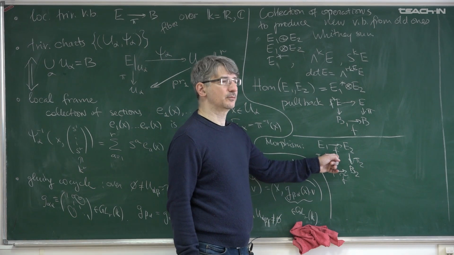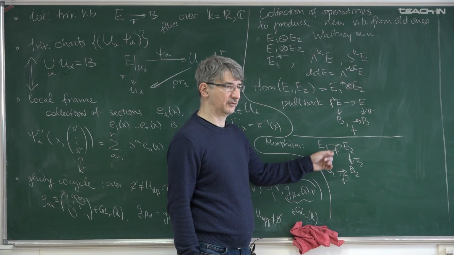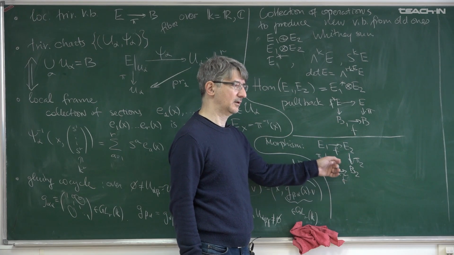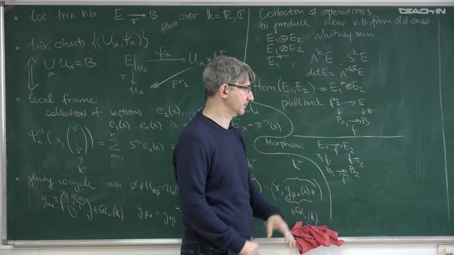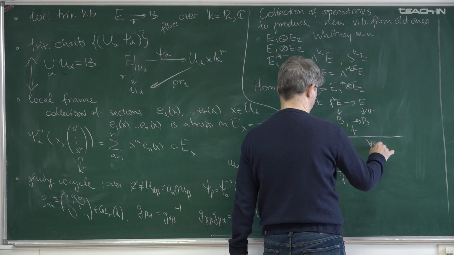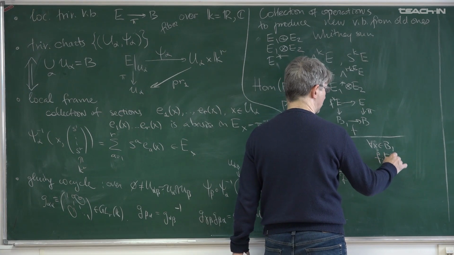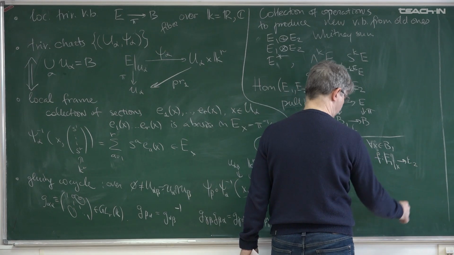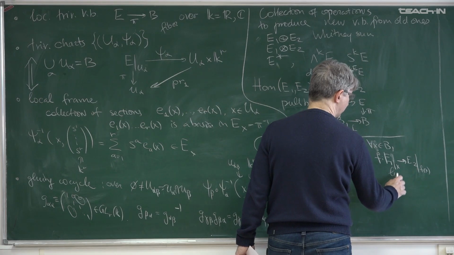The map f tilde should be fiber-wise linear. So it preserves fibers, fiber here goes to fiber here, but we require that it is a linear operator. For every point x which belongs to B1, the map from the fiber of E1 over the point x to the fiber of E2 over the point f of x should be linear.